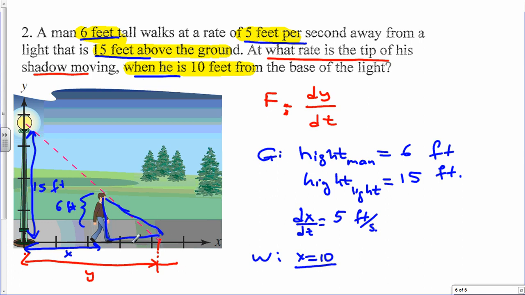They are similar triangles, so we are going to use the property of similar triangles. Let's try to understand how to deal with this question with similar triangles.